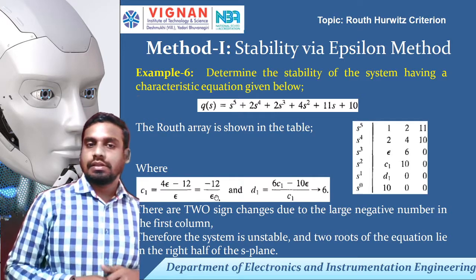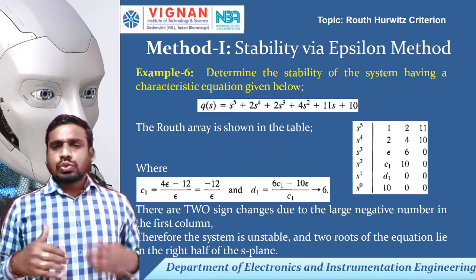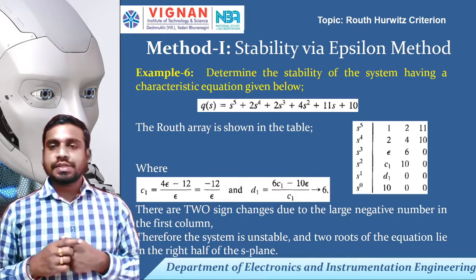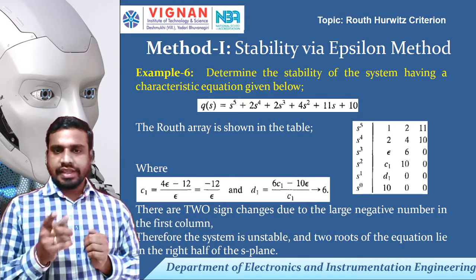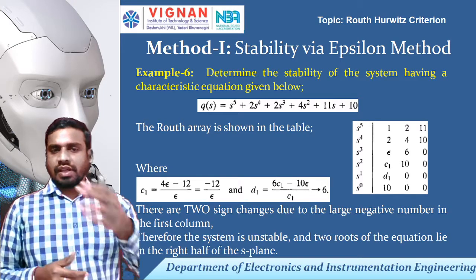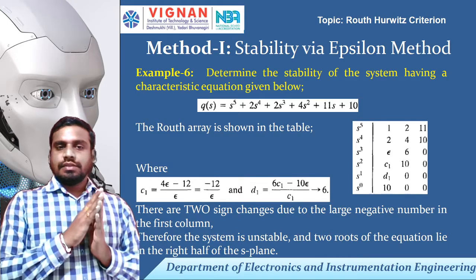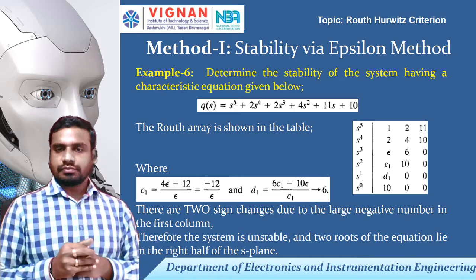That means we are getting a negative term. So substitute some values of epsilon. If epsilon is equal to 1, you get minus 12. Minus 12 means the system is unstable because you have a minus sign. There are two sign changes if you consider epsilon equal to 1.